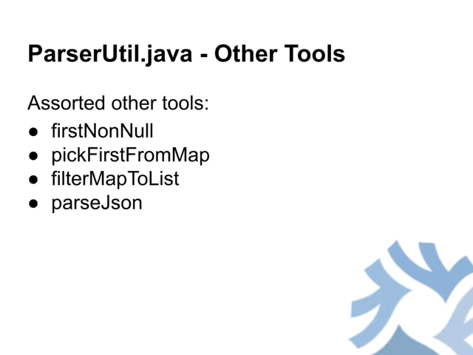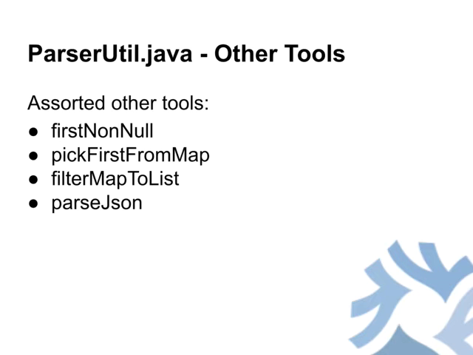Inside of the ParserUtil, you'll find several other tools. Some of them are rather abstracted. The first non-null, you can pass in any number of objects, and it will just return the first one that's not null. The pick first from map, you can pass in a map, and you can pass in a list of strings, and it will look in the hash map for the first one of those lists that returns a non-null object.